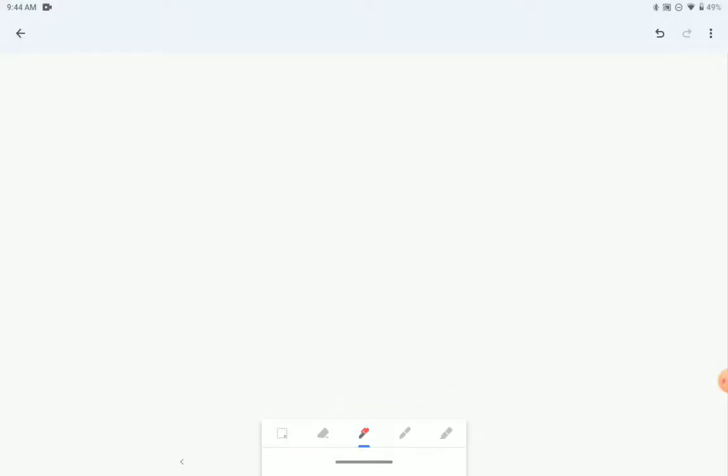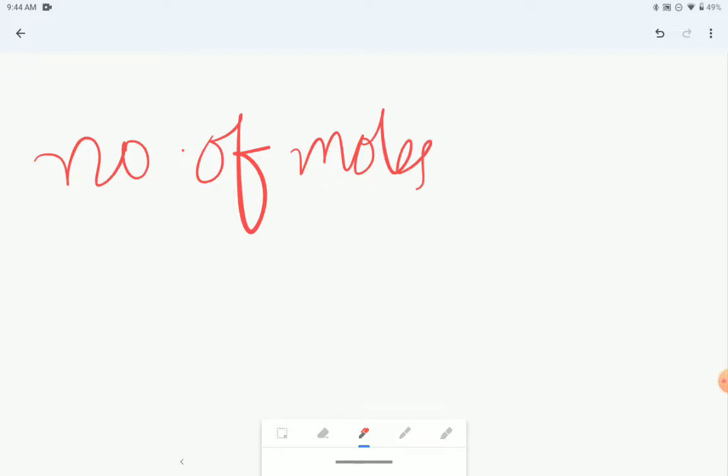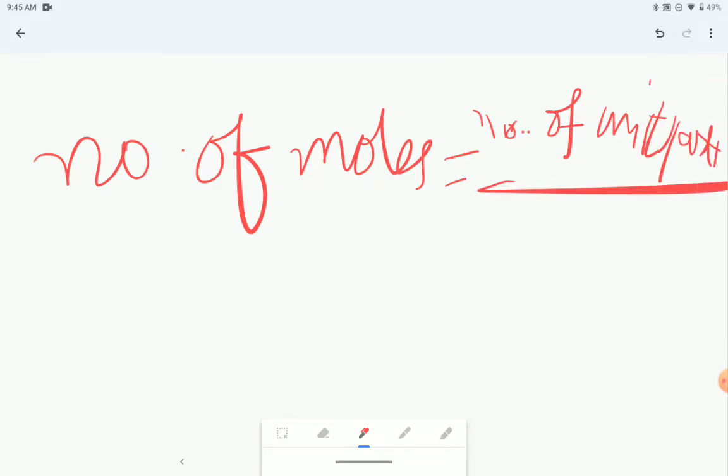Now, number of moles. Number of moles is given by number of unit particles divided by Avogadro number.